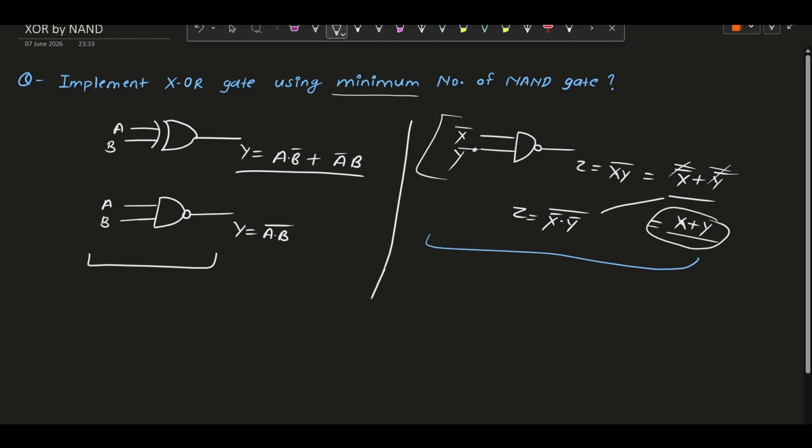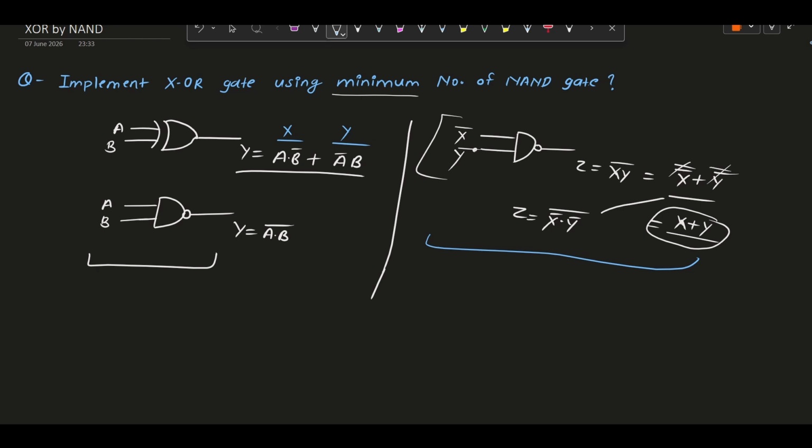Okay, so now let's connect this concept to the XOR gate implementation. If you observe the XOR gate output, there are two terms, a into b complement plus a complement into b. We will assume the first term as x and the next term as y.